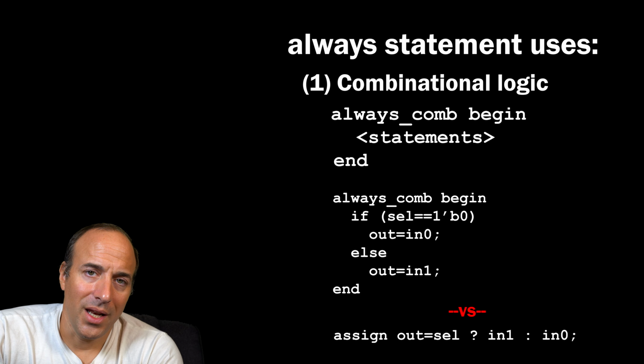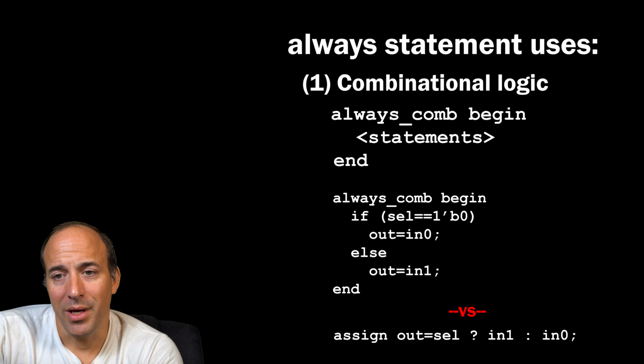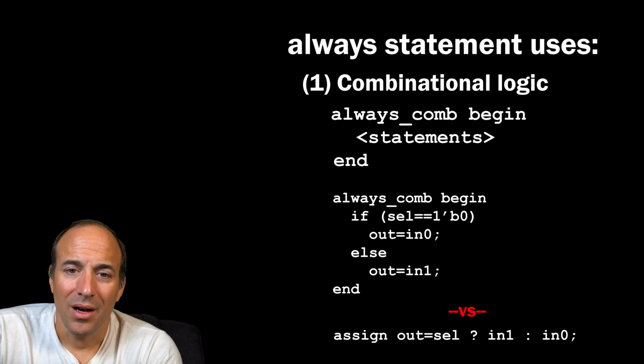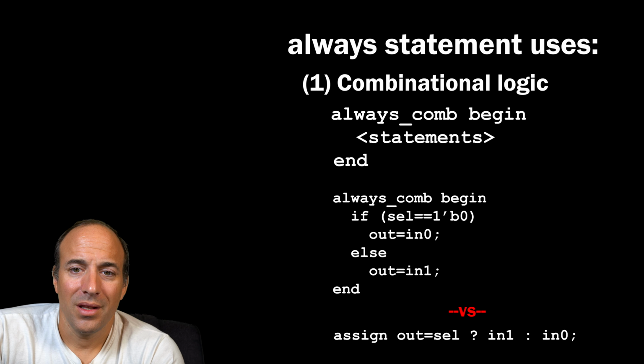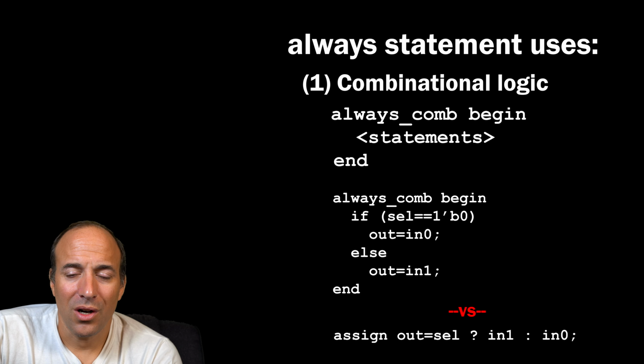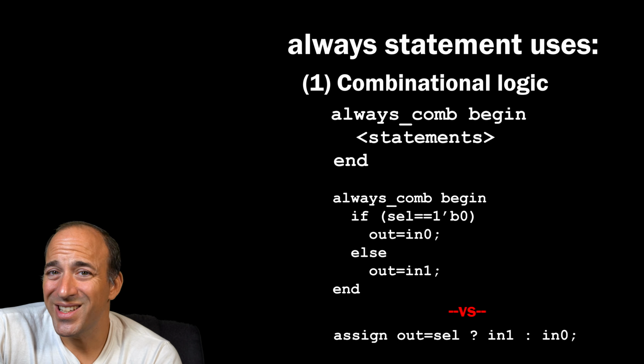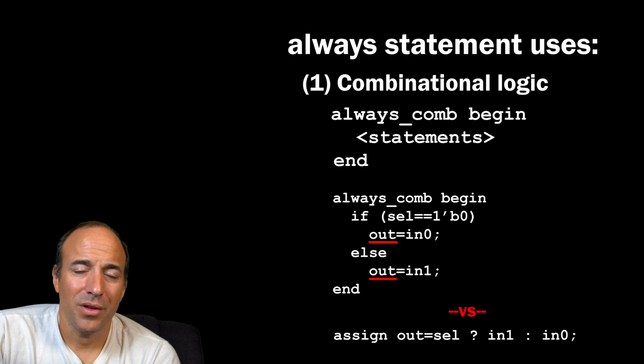One of the disadvantages of using an always statement from a readability point of view is determining the outputs of the always statement. The outputs are any signal that are assigned inside the block, but they're not explicitly listed.